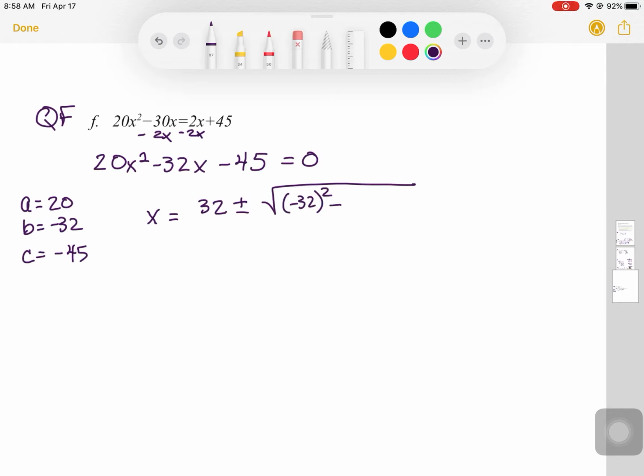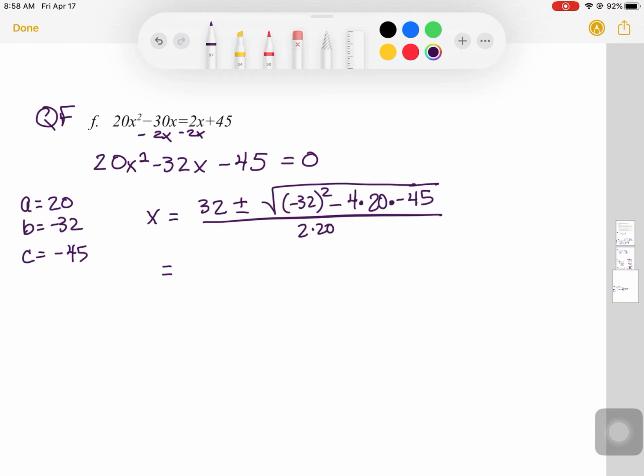I don't know if you guys have figured out by now, but you could just always call that number positive, because when you square B, it doesn't matter if it's negative or positive to begin with. That value is going to be positive. So you could just say 32 squared if you tend to make that mistake with your calculator. So negative 32 squared, minus 4 times 20 times negative 45, all over 2 times A, 2 times 20.